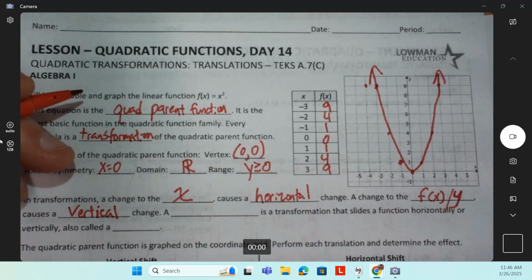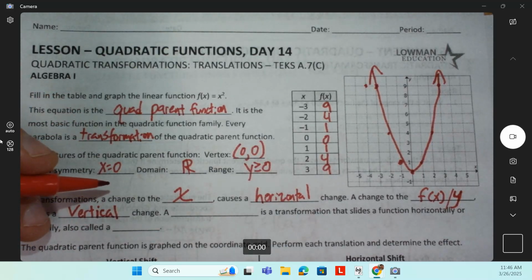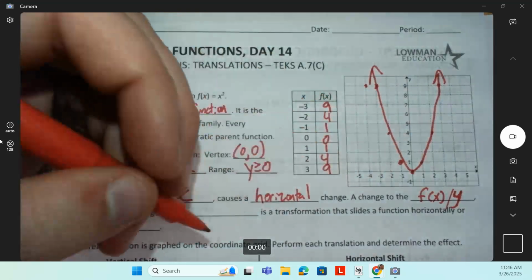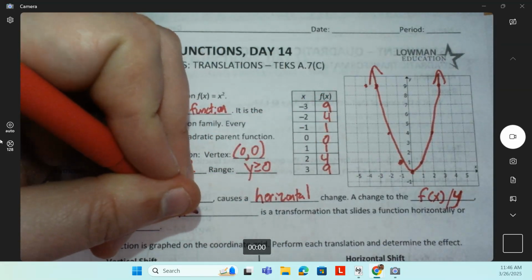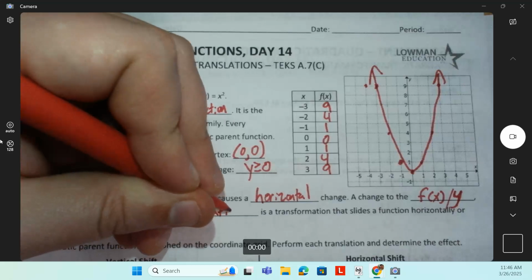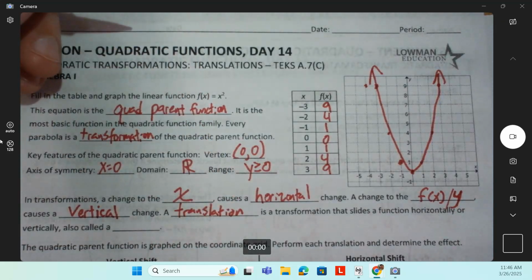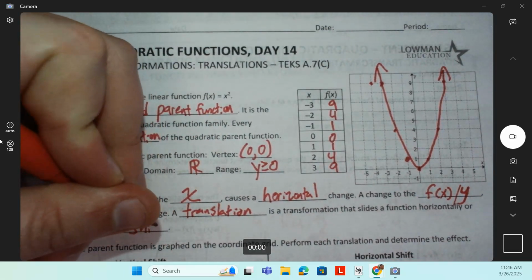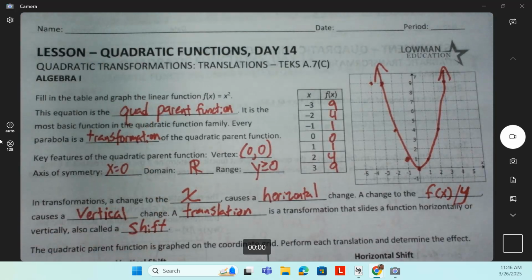Those would both be called translations because it's the same thing, just moved up or down, left or right. So it's going to slide it horizontally or vertically, or just shift it. That's how we'll talk about it.